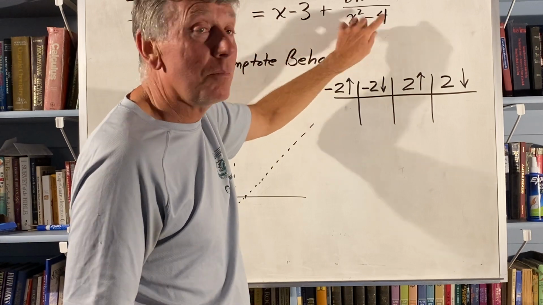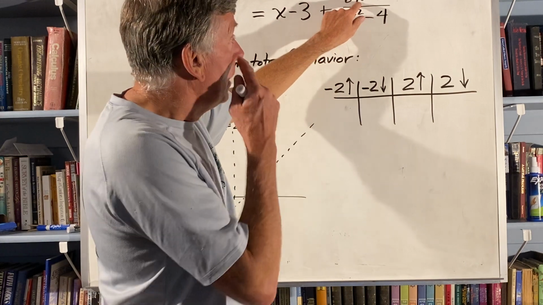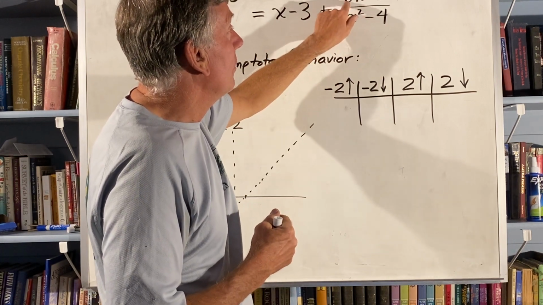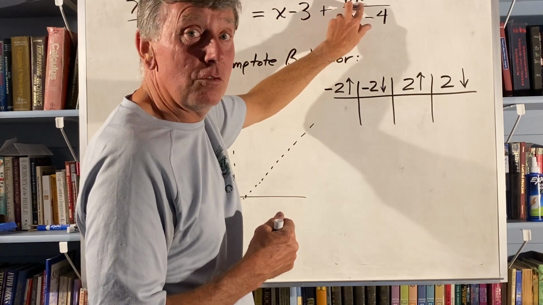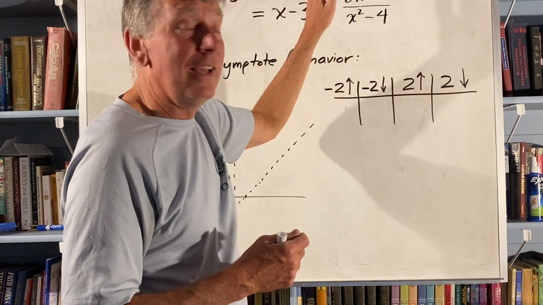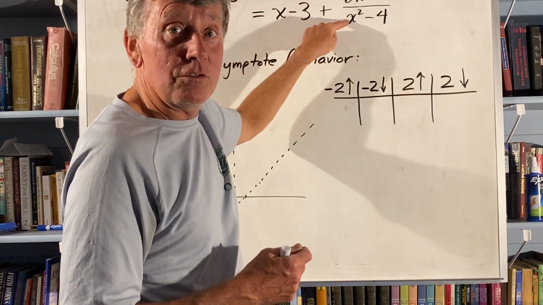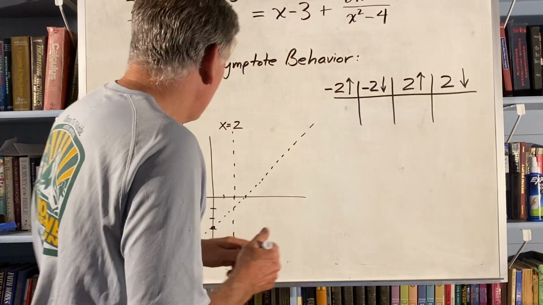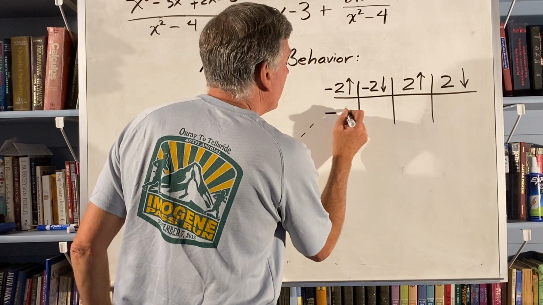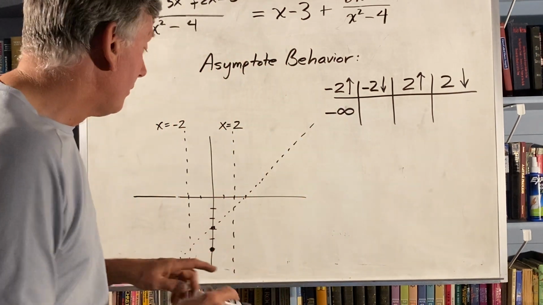4 minus 4 is positive, but this -2 something is going to be close to -12. -12 minus 17 is a bigger negative number. A negative divided by a positive is going to be negative. That means that this is coming up from negative infinity, and I'm going to put that diagram there.